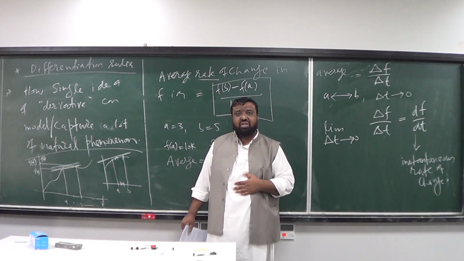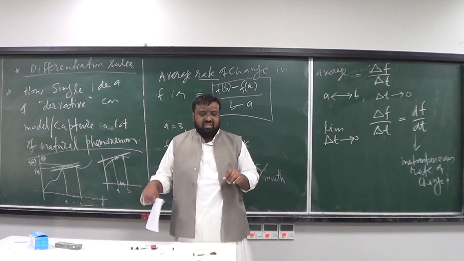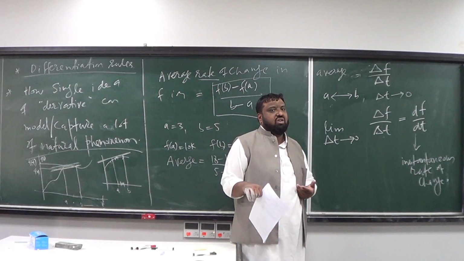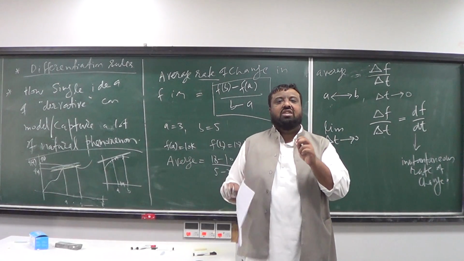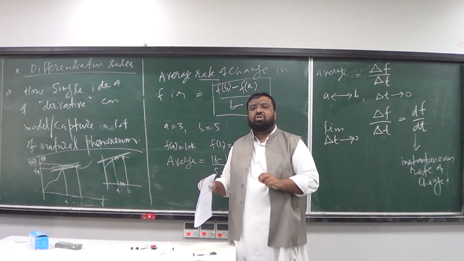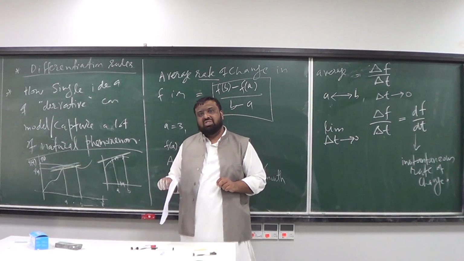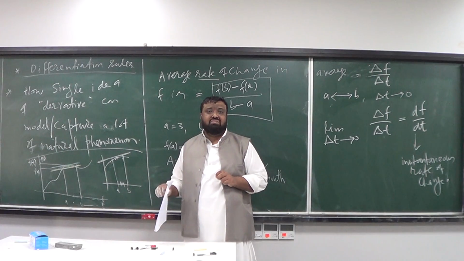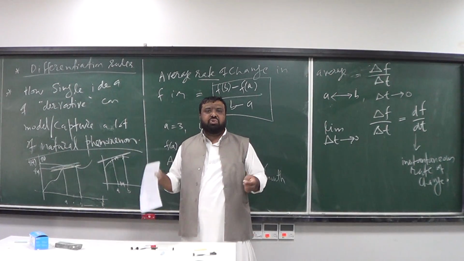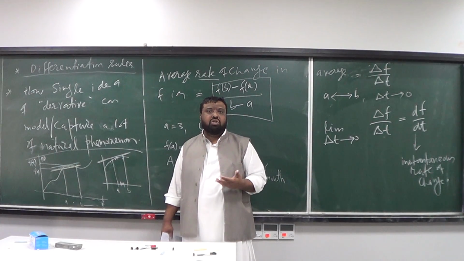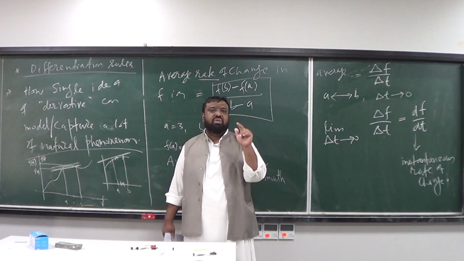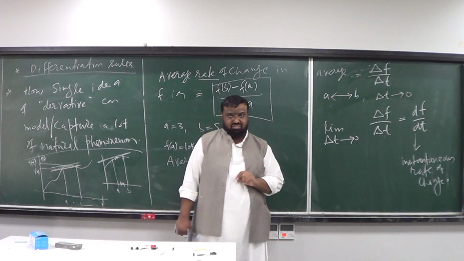Are you getting the point? In dealing with the stock market, the instantaneous rate of change in the stock price plays an important role. The average value is also important, but the instantaneous rate of change plays an important role because investors are going to make decisions based on it.